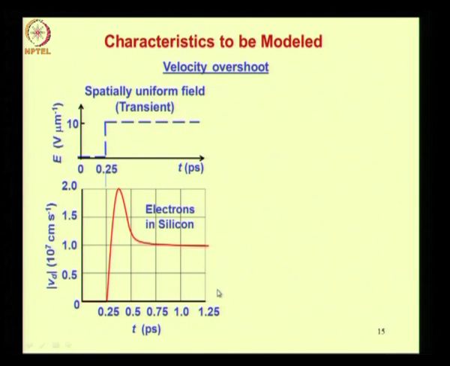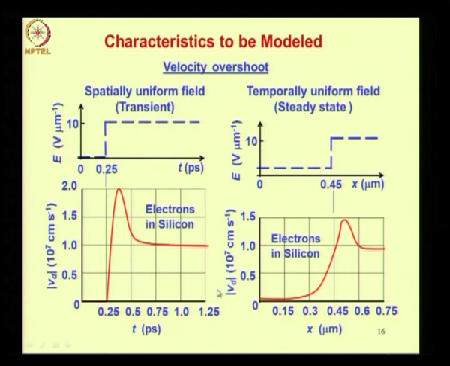Now as against this, the slide shows also another type of velocity overshoot, which comes if you step the electric field at some location within the semiconductor. So as shown in this slide, again you are applying a large field step, however here it is at some location in the semiconductor.